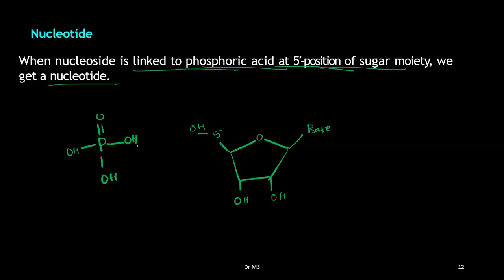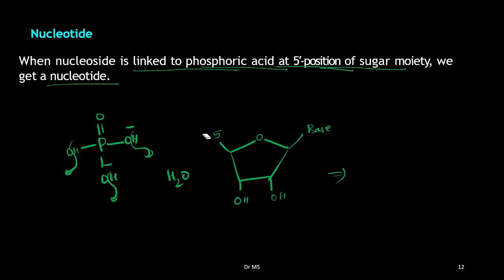But if it becomes an ion, it will lose all the hydrogens and turn out to be O minus, O minus, O minus. When it loses the hydrogen, the OH on the fifth carbon also will break and they will leave like a water molecule. And this O directly attaches to the fifth carbon. And that's how the bond will happen here.